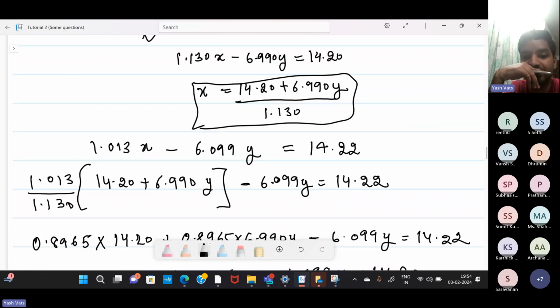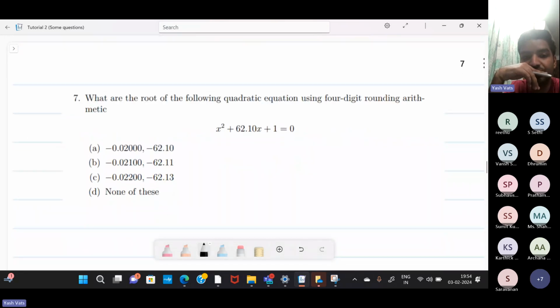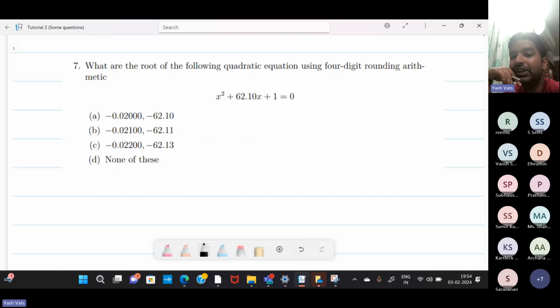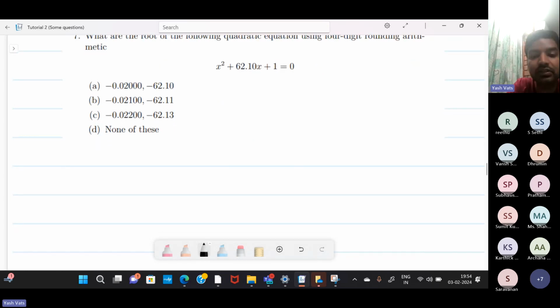So this is easier. It's not an issue. What are the roots of the following quadratic equation using 4-digit rounding arithmetic? So this way, you can do it.